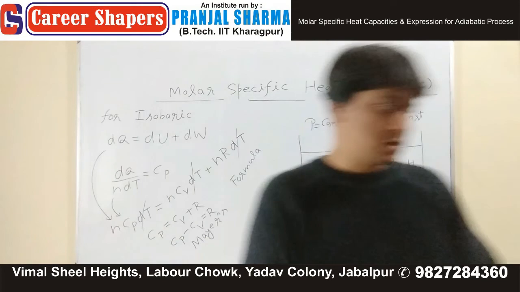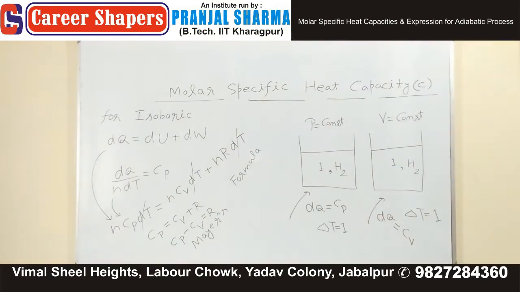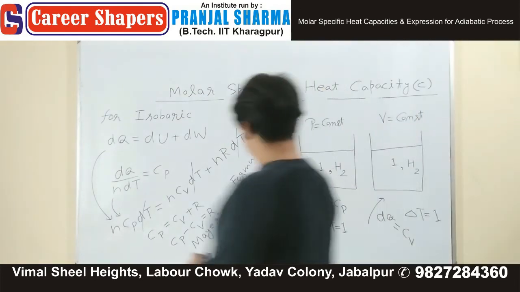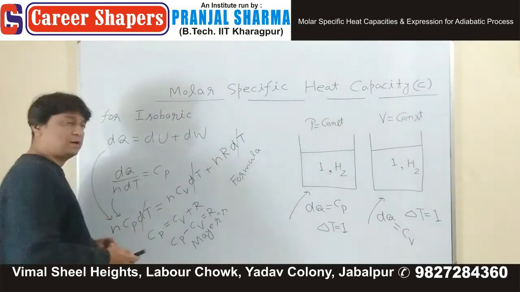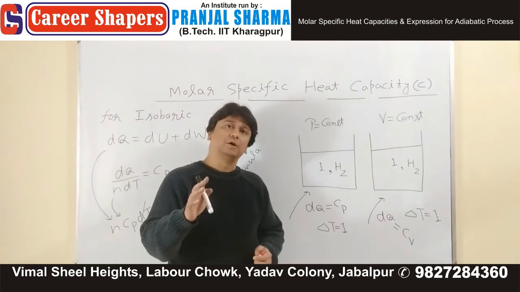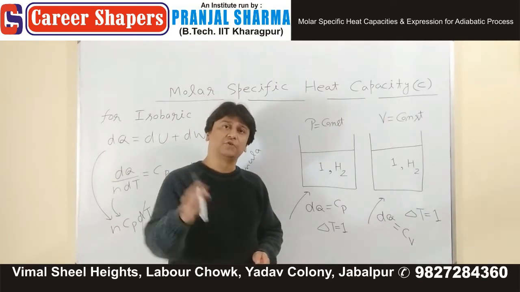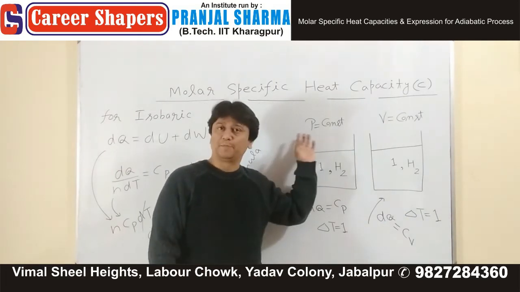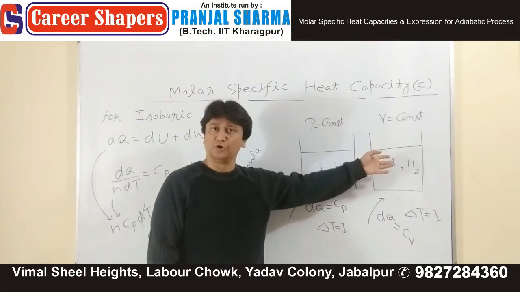For which one? While taking too long, only one response, and that response is correct. Change in internal energy will be same, because internal energy has nothing to do with whether you keep pressure constant or you keep volume constant.